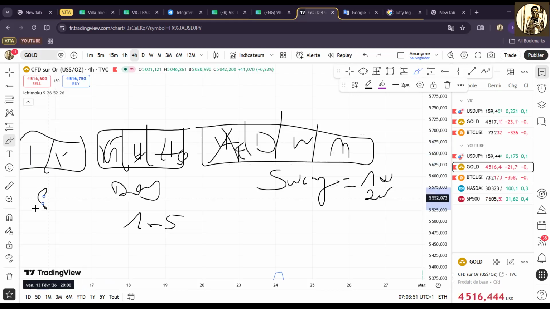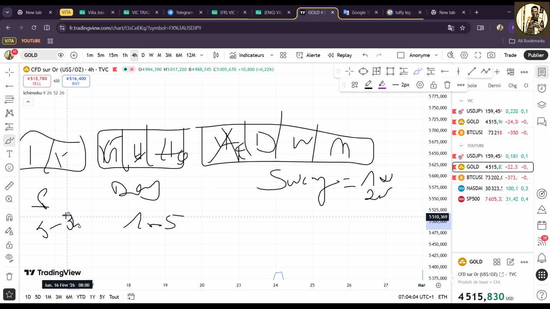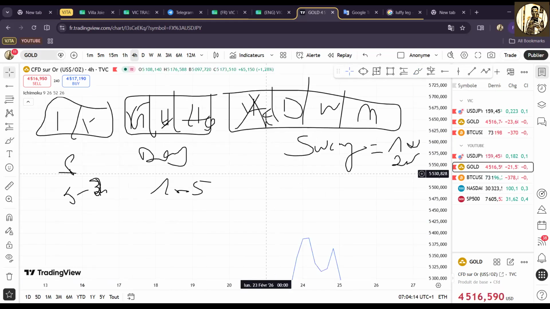Those are scalping. Scalping is when you hold a position for 5 minutes to, let us say, maximum 3 hours, something like that. Even 3 hours is too much, maybe two hours.